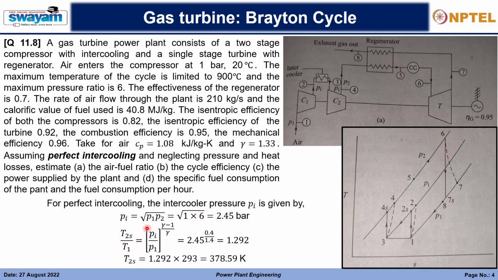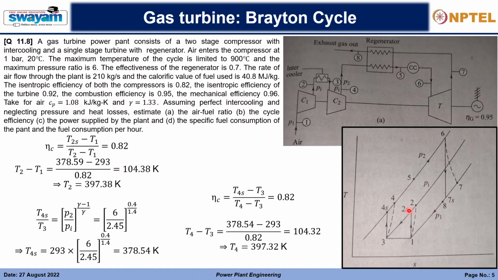We'll use the adiabatic equation, since this is an adiabatic process. The first stage is 1 to 2s, the isentropic process, and by that we get the temperature at 2s to be 378.59 Kelvin. But since it is not isentropic, we'll have to consider the efficiency of the compressor.